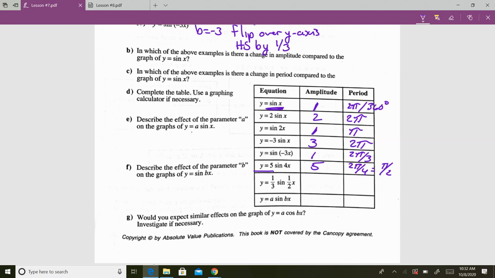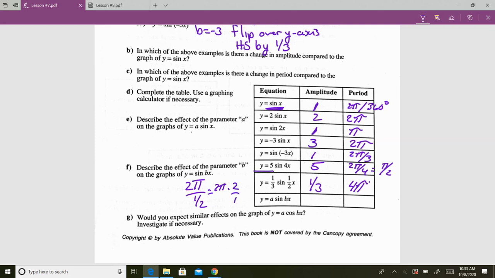Period is 1/3. Sorry, amplitude's 1/3. Period is pi over half, which is 4 pi. Right? If I go 2 pi divided by 1/2, you flip the bottom fraction, and you get 4 pi.